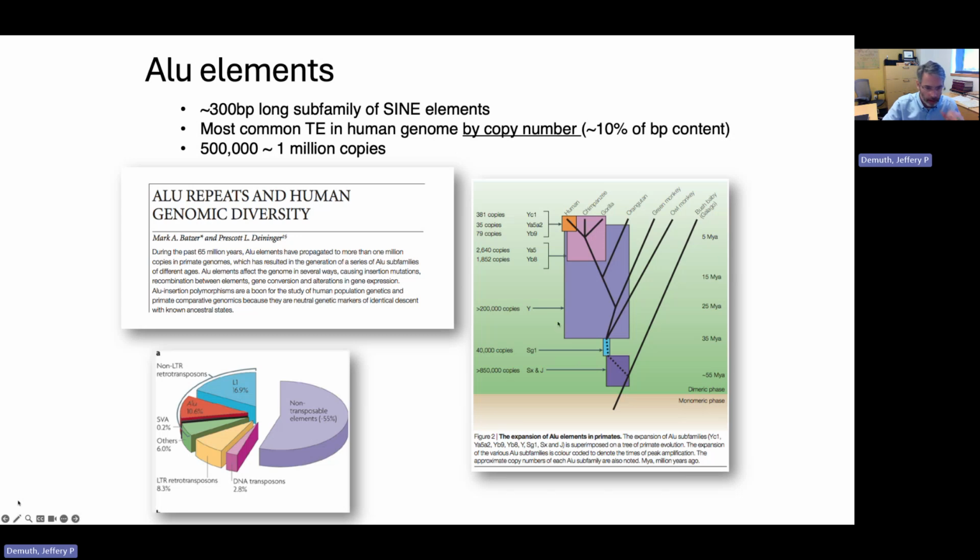This study, on the ALU repeat in human genome diversity, they went and looked phylogenetically when we started to get some genomes of other primates. And it's just interesting to note that there have been sort of unique explosions of these things that at various times in primate evolution have just gotten loose in our genome and started to amplify.